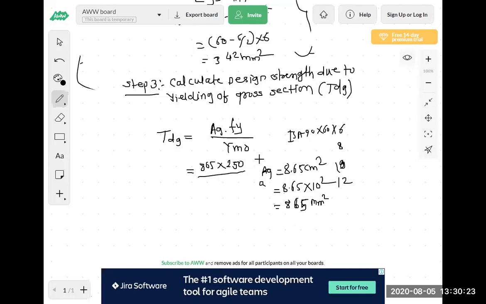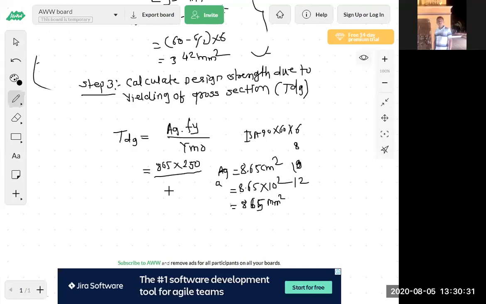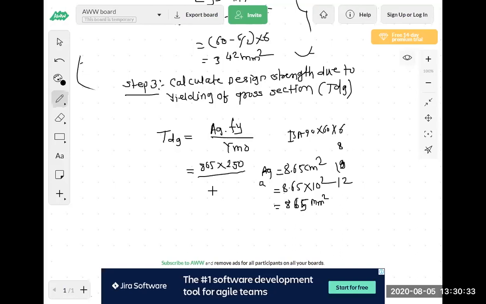The yield stress of steel is 250, meaning the stress that comes at the yield point is 250 for steel, because we are using mild steel. So 250 divided by gamma m naught, which is 1.1.